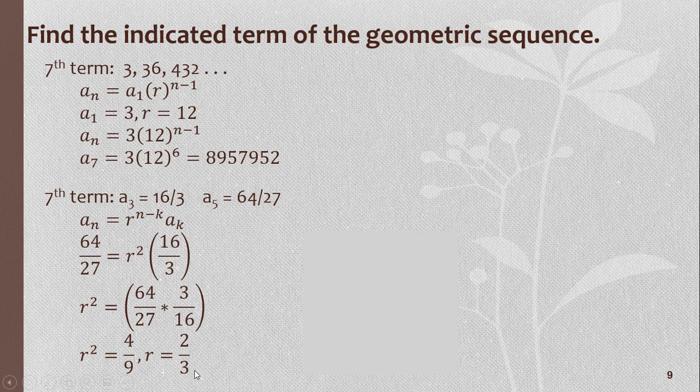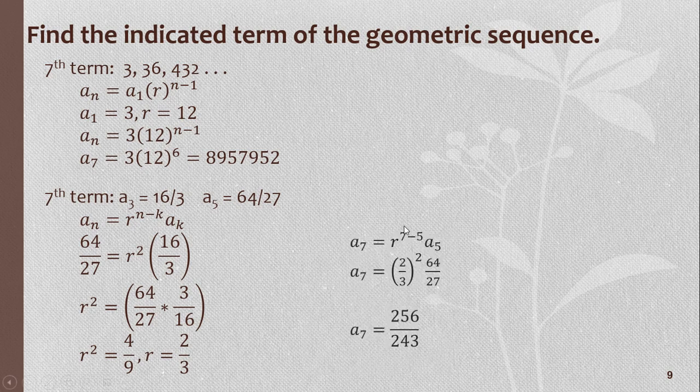So I still have to figure out what the seventh term is. So the seventh term, I can go back and use this formula again, now with n is equal to 7 and k is equal to 5. So I'm going to have a sub 7 is equal to r to the 7 minus 5 times a5, which we were given as 64/27. We figured out what r was down here, which was 2/3. 7 minus 5 is 2, so we're going to square that.